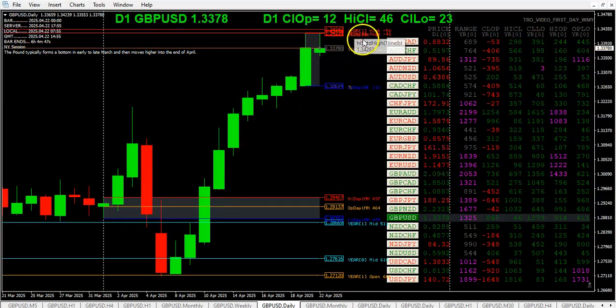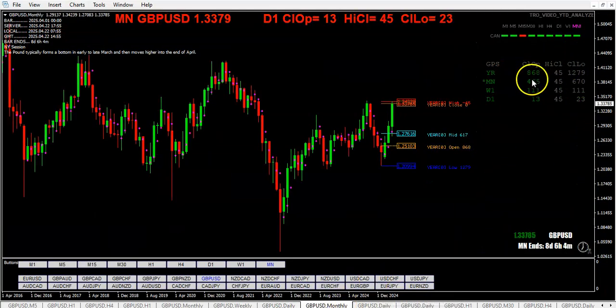And you can see here, there's that yearly high. Speaking of yearly high, we're 868 above the yearly open and 46 off the high and 1279 off the low.